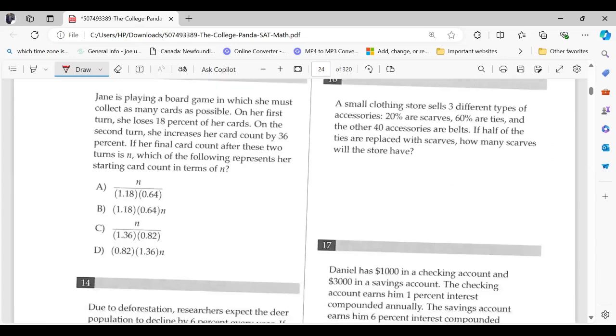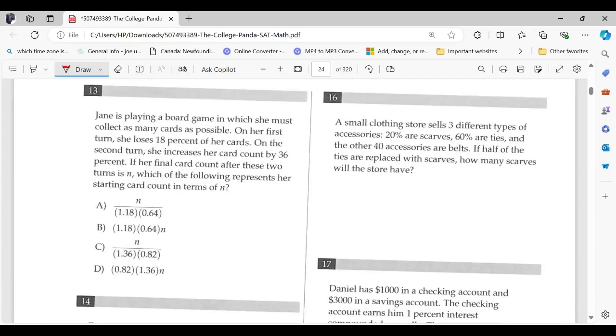Number 13. Jen is playing a board game in which she must collect as many cards as possible. On her first turn, she loses 18% of her cards. Now let K equal the number of cards.